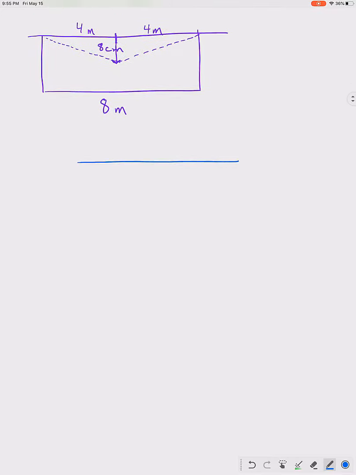So the first thing I'm going to do is draw a diagram. And one thing to remember is this is centimeters, this is meters. So we have to decide, do we convert to meters or do we convert to centimeters? Well, I'm going to convert to meters. And so this is 0.08 meters.